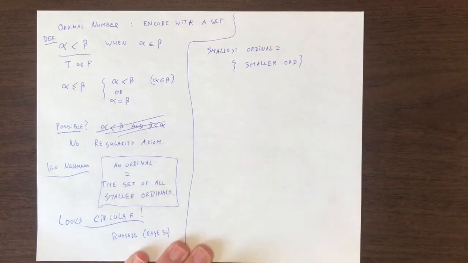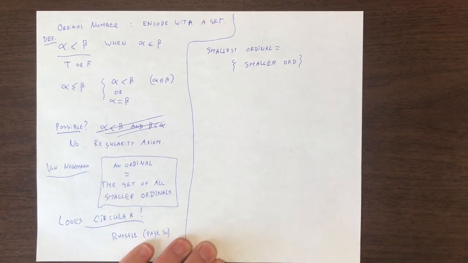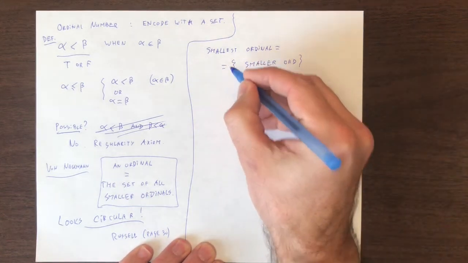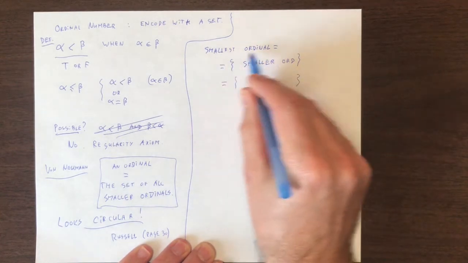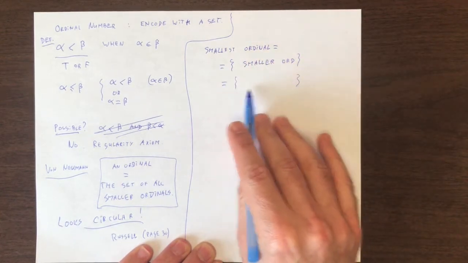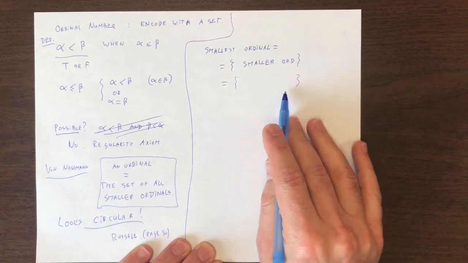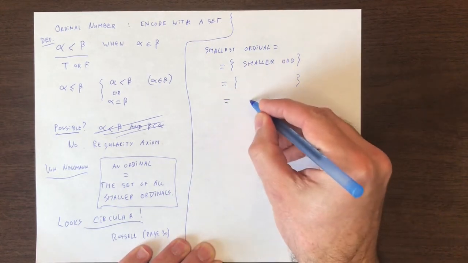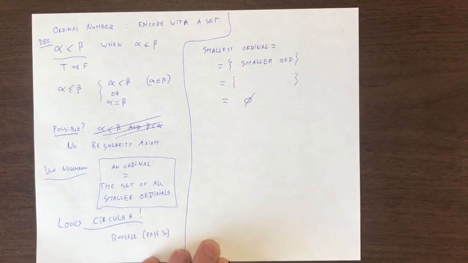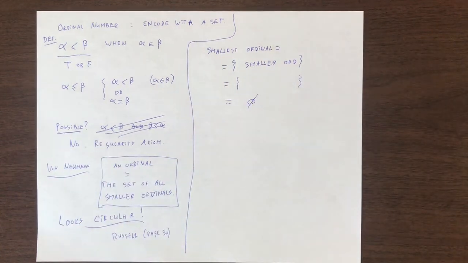If you already have the smallest ordinal, then there aren't any smaller ordinals. So if I'm trying to figure out what the smallest ordinal is, there is no such thing as an even smaller ordinal. So this is blank. The smallest ordinal is the empty set. That's what you get from von Neumann's definition.